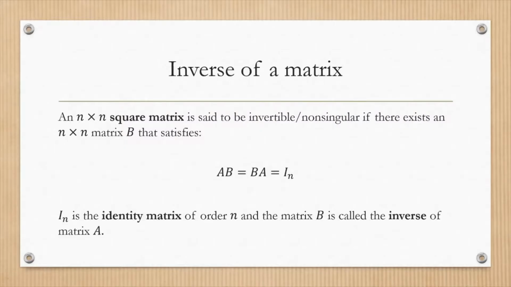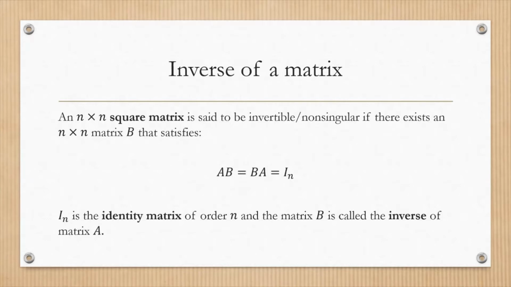Before we begin our coding session, let's first revisit the meaning of the inverse of a matrix. It is said here that an n times n square matrix A is said to be invertible or non-singular if there exists another square matrix B that satisfies the following equation.